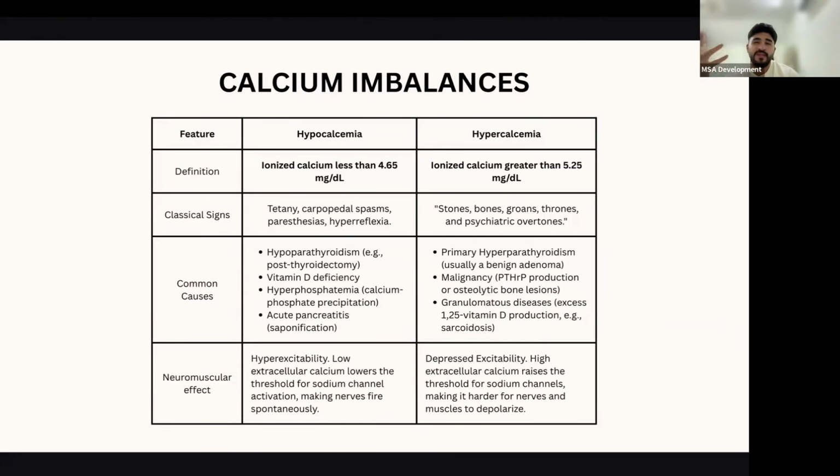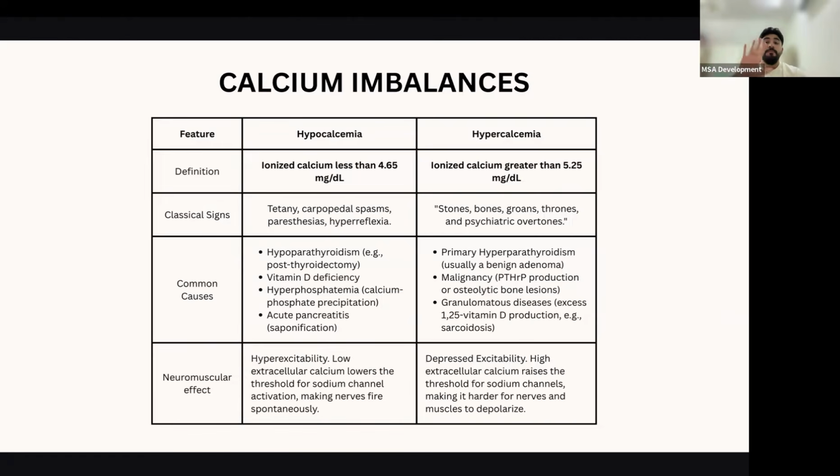Usually it will give you a scenario where a patient had some thyroid pathology and had to go in and surgically remove it. Usually, 90% of the time, they're going to remove the parathyroid with it, and this is when you'll have hypoparathyroidism. It could also be seen in vitamin D deficiency, hyperphosphatemia, or even acute pancreatitis.